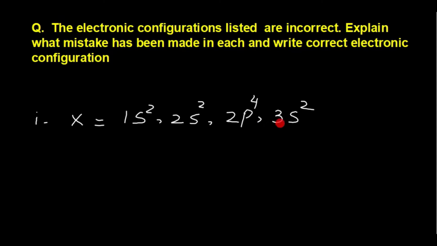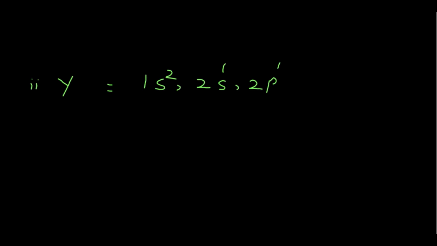Now we will write the correct electronic configuration for this element. So the correct electronic configuration for X is X is equal to 1s2, 2s2, 2p6. This is the correct electronic configuration of element X.